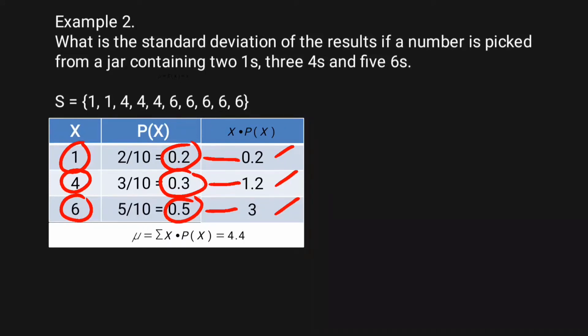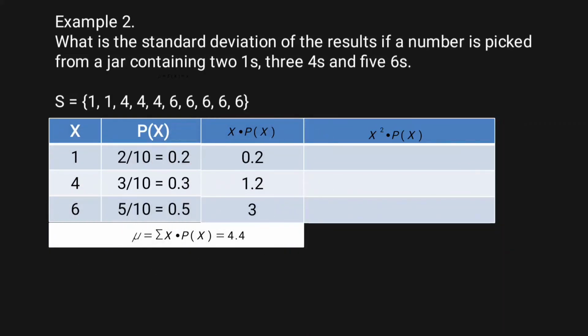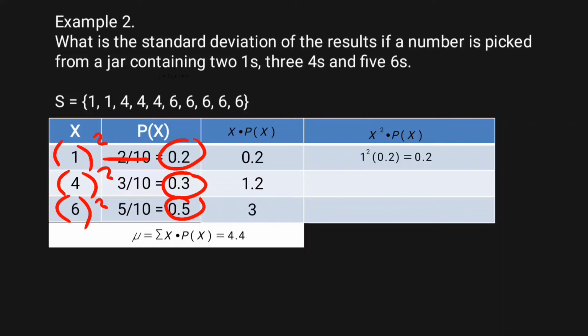Then another column, x squared times p of x. All we have to do is square our x one by one, then multiply by p of x. So 1 squared times 0.2 is equal to 0.2.